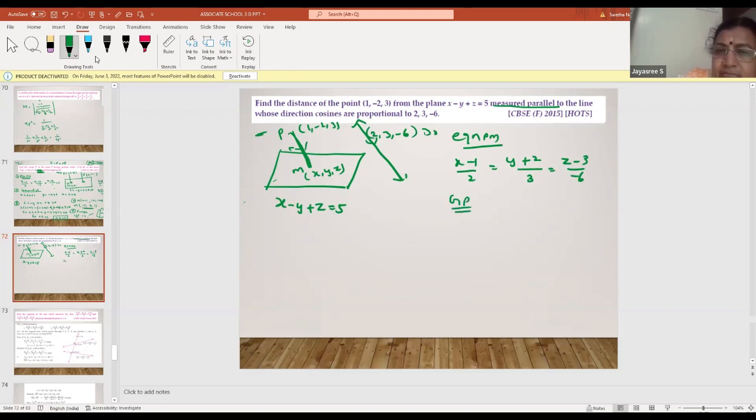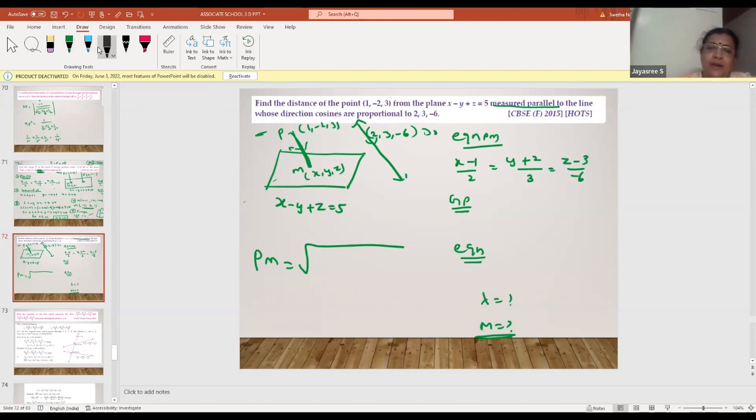And the general point is the same. Substituting the general point in the equation is the same. Getting the lambda is the same. After the lambda, we get the point M. Once you get the point M, for the PM distance we use the square root of (x2 minus x1) the whole square plus (y2 minus y1) the whole square. So what is important here is that the drawing of the diagram matters. That is what is important, measured parallel to.